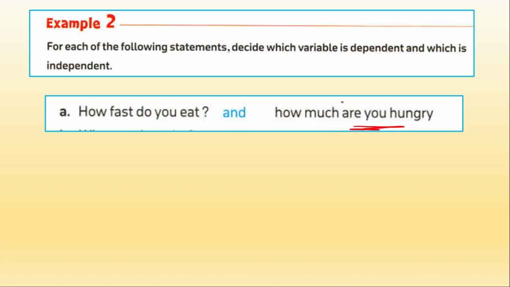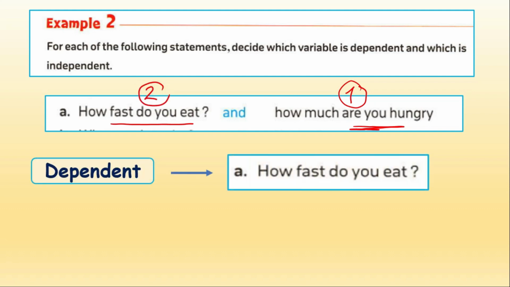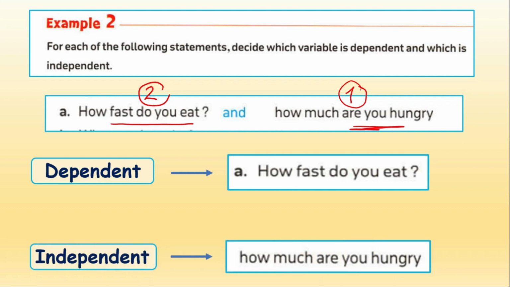So this is the first action. Why? Because that determines whether you will eat quickly or slowly. So how fast do you eat will be the second action. So the dependent will be how fast do you eat, since we agreed the second action is dependent. And the independent is how hungry you are because it is the first action.